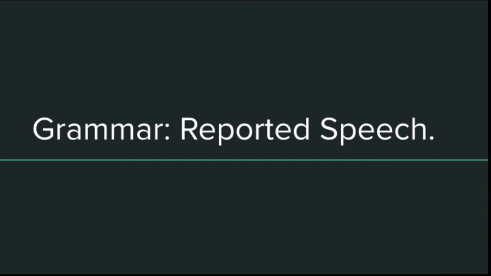So the first one is direct speech. Maria said, "When are you going home?" Jamil said, "I'm going home tomorrow." The second pattern is that you can report by paraphrasing the speaker's words.